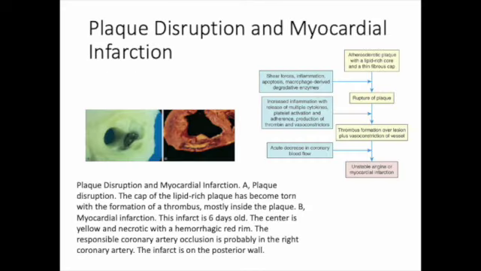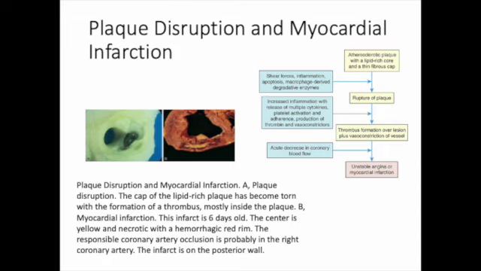So now looking very closely here at what it looks like inside the vessel when there's plaque disruption leading to myocardial infarction. There's the cap of that lipid-rich plaque tearing off, and it's forming the thrombus.